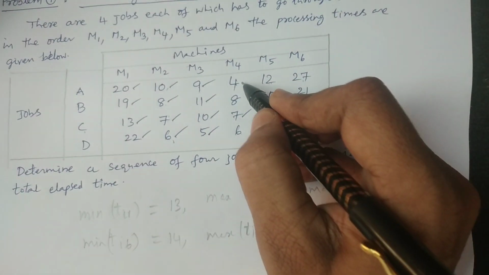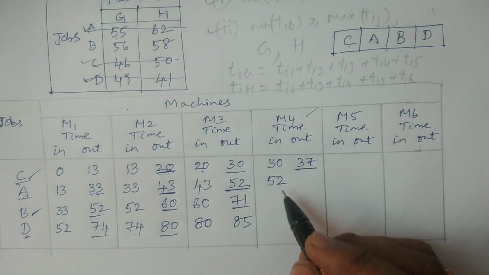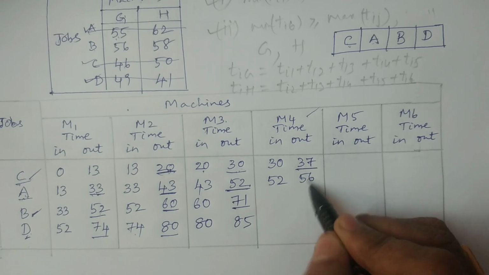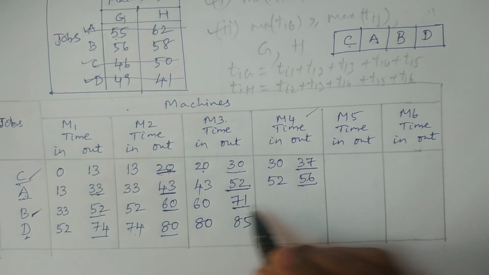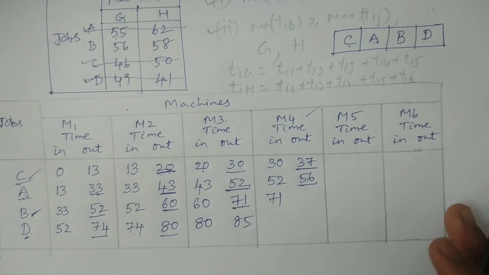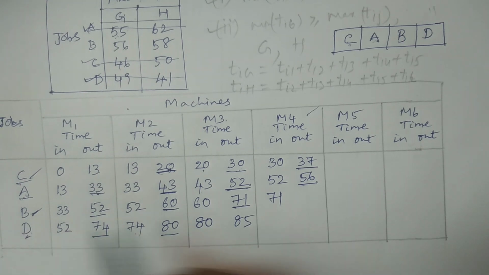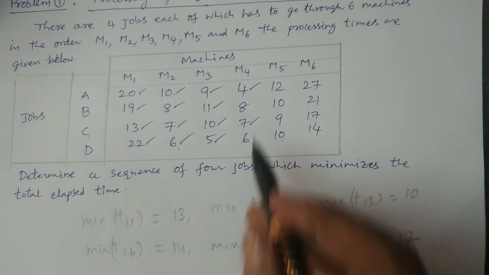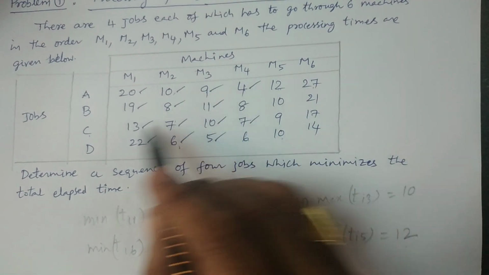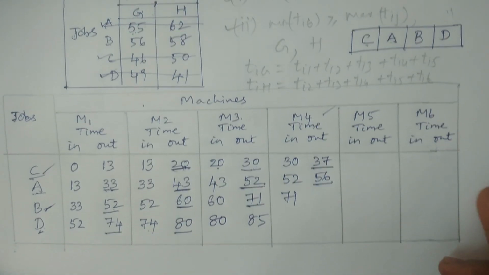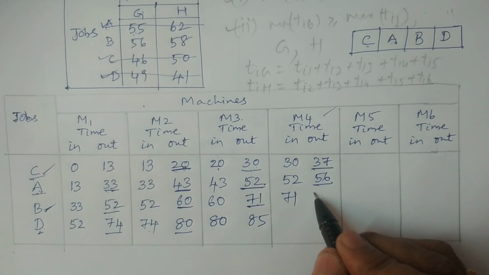Job A on mission 4 is 4. 52 plus 4 is 56. And the maximum of 56 and 71 is 71. For job B, the processing time on mission 4 is 8. Therefore 71 plus 8 is 79.